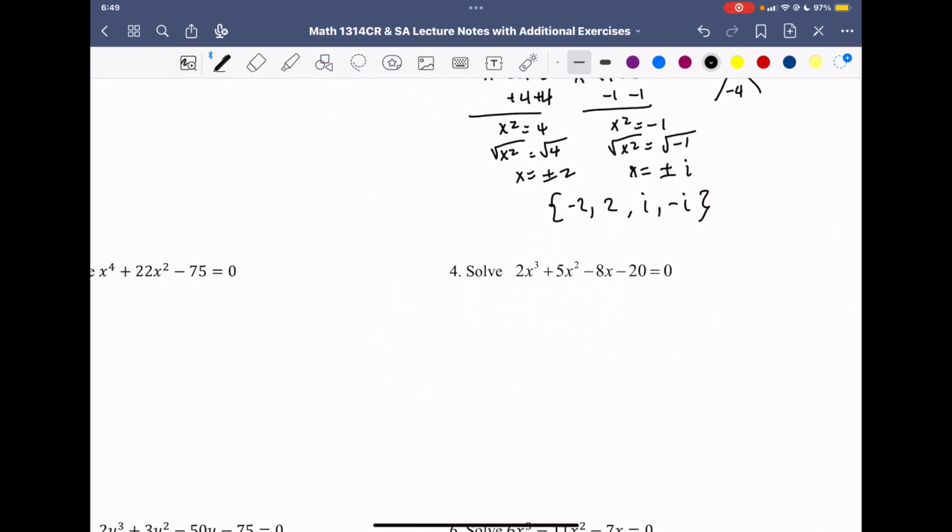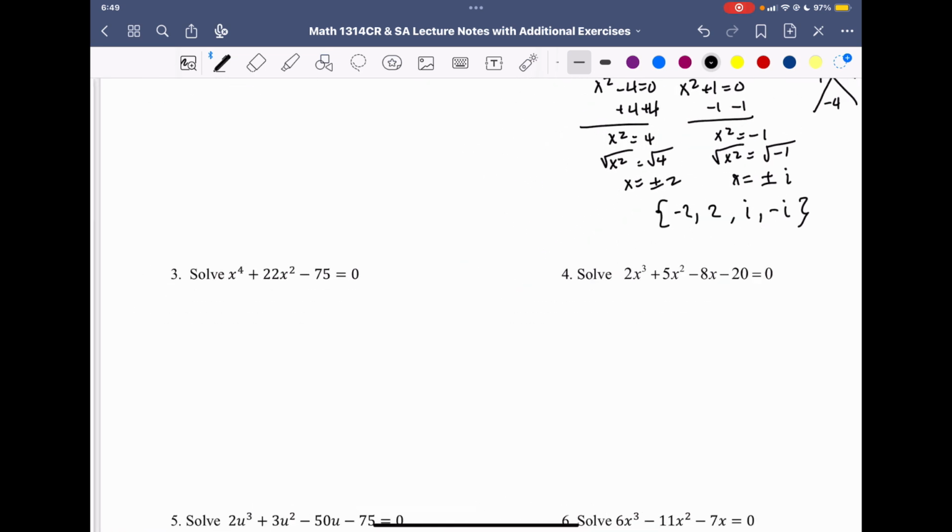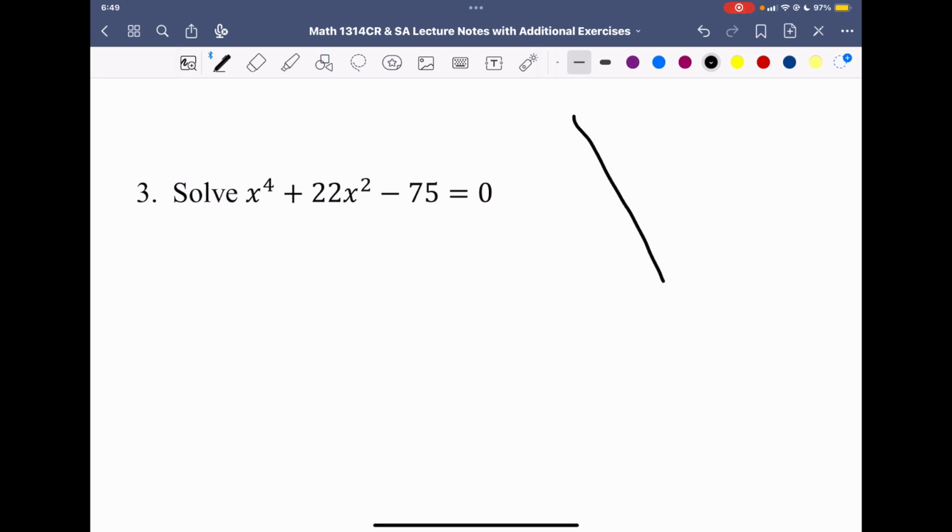Then we have number 3. Number 3, we're looking at the same thing as problem number 2. So I have 1 as my coefficient, so I'm saying a equals 1, b equals 22, c equals negative 75. And we're going to understand that x squared squared is x to the fourth. So you can still use the AC method.